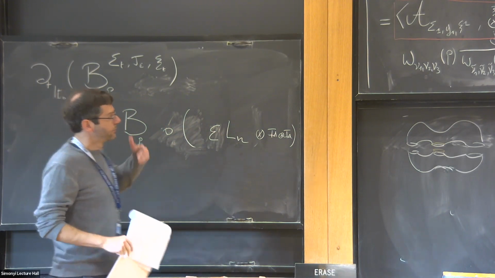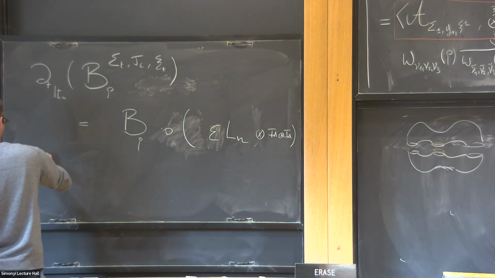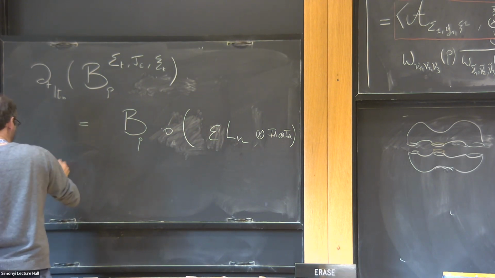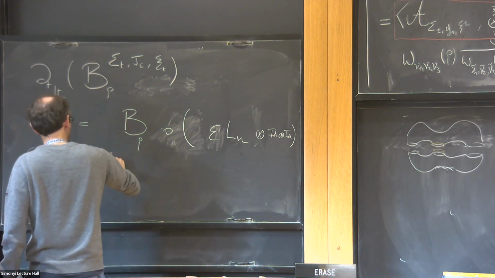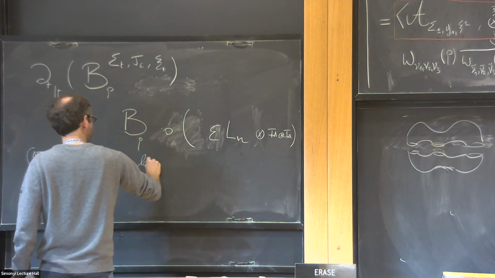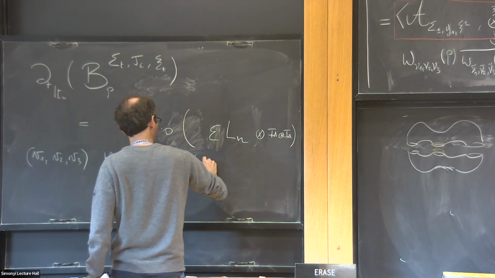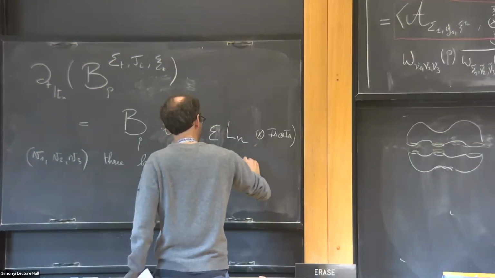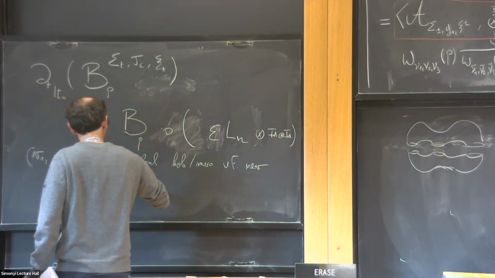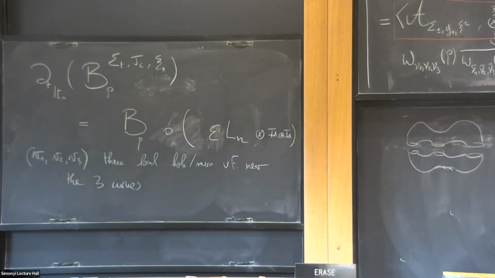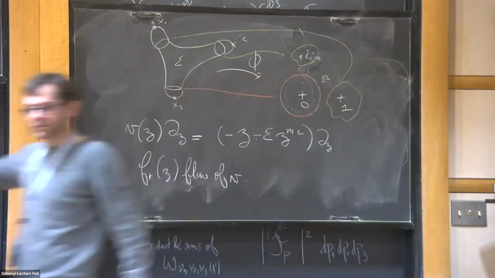And now to get the full Ward identity, this tells you that in general, if you take V1, V2, V3, three local holomorphic or meromorphic vector fields near the three curves, this one, this one, and this one, you flow them, you use this principle.